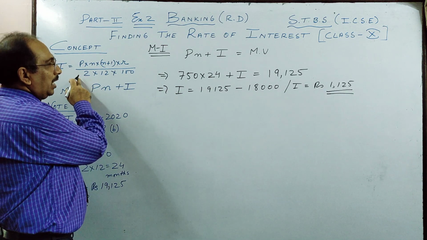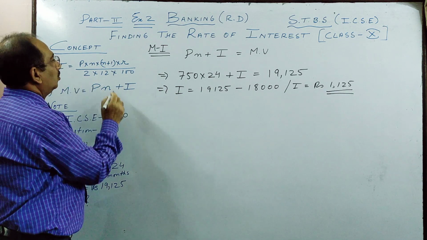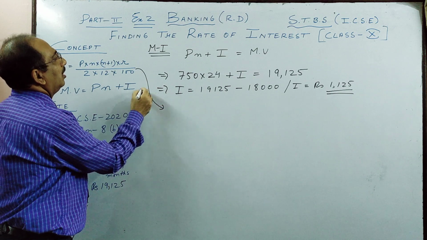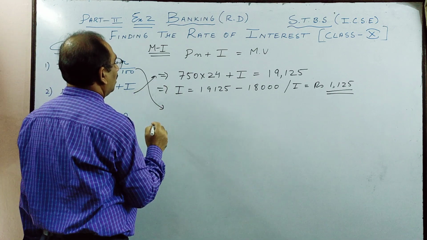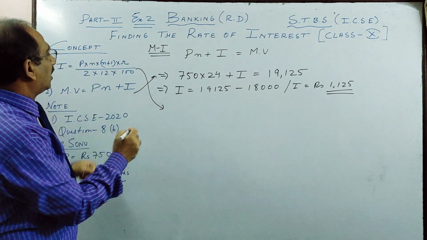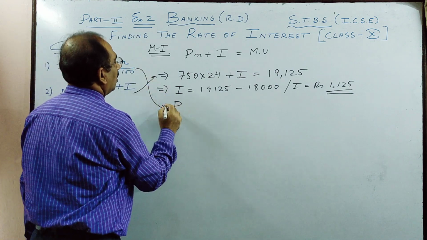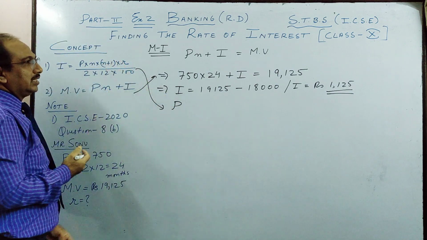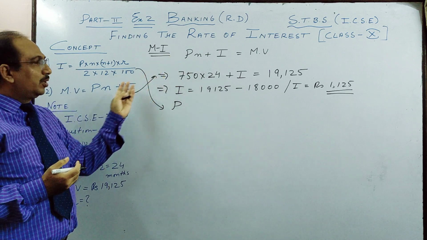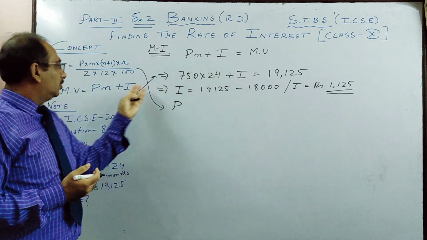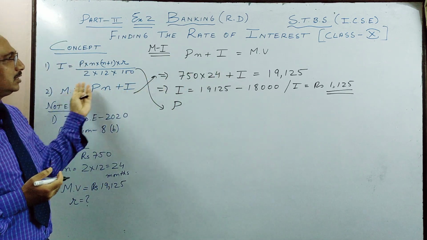Now I will apply formula 2. What will I do, children? I will write the right side first because R is on the right side. I interchange the formula because we wanted I. Left is equal to right, therefore right is equal to left.